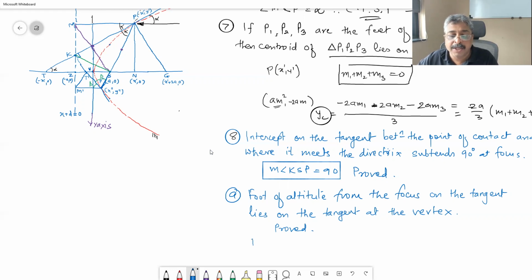Okay, this implies that the focus lies on the circumcircle. This is important, na?